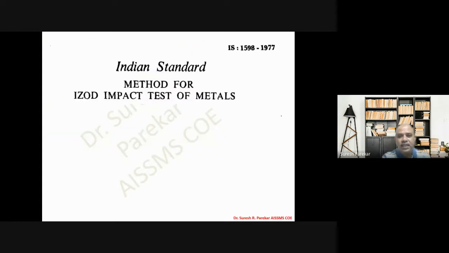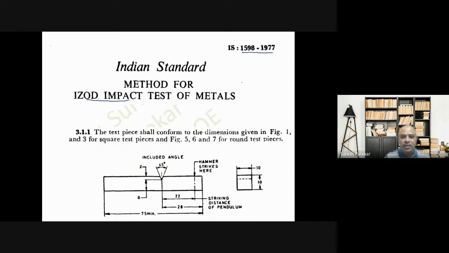So I can summarize it. For the Izod test, we are going to use the IS 1598-1977 code, and you can see the specimen for the Izod test. The thickness of the notch in the Izod test is 2 millimeter. The angle of the notch in Izod is 45 degrees. The length is 75 mm. The notch is provided at 28 mm from the cantilever portion.